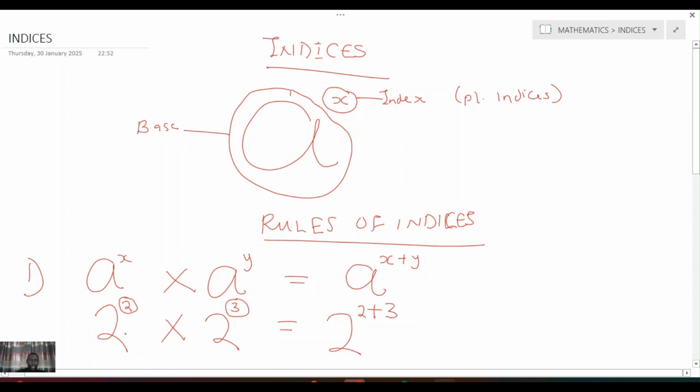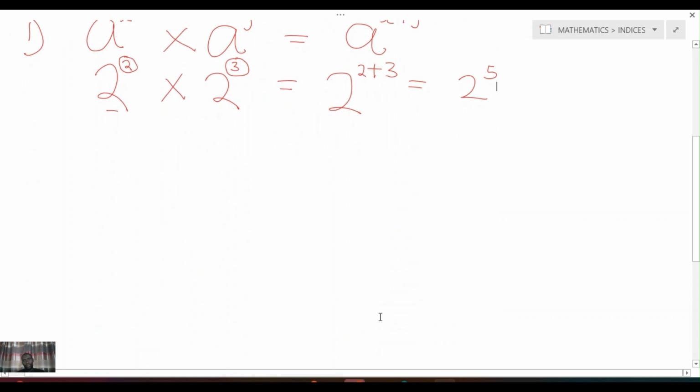So this is evaluated as 2 raised to power 2 plus 3, which is equal to 2 raised to power 5. That is rule number one.